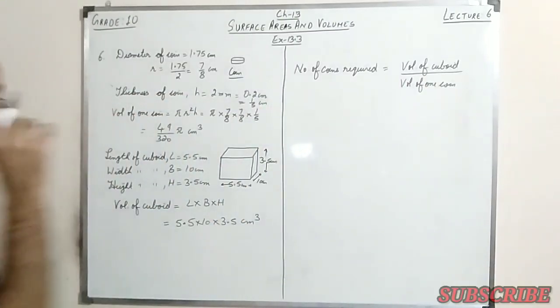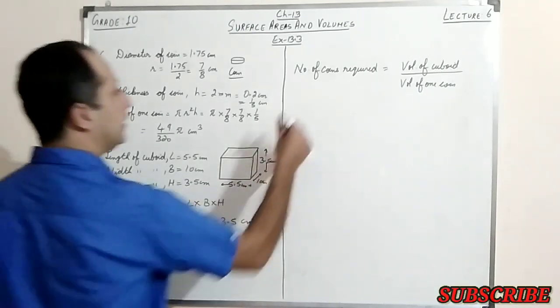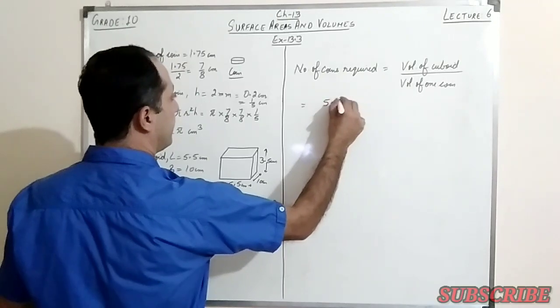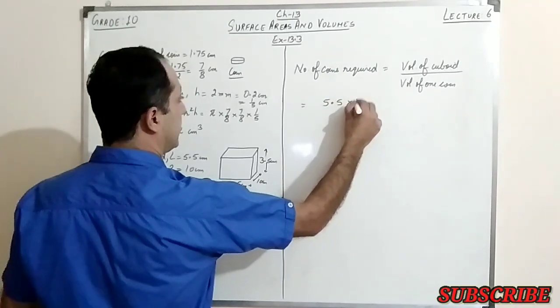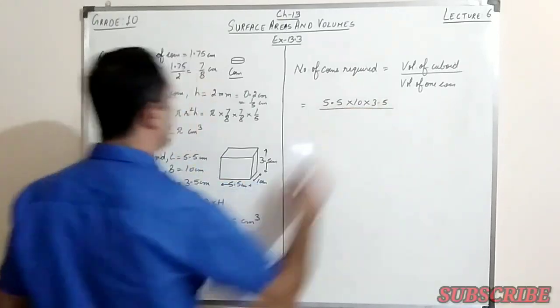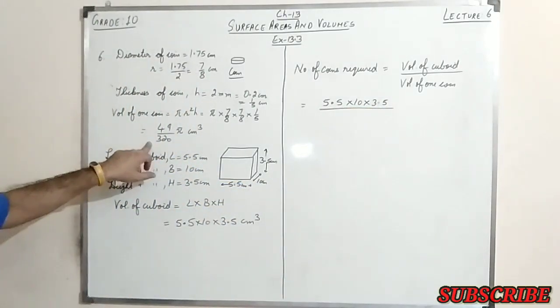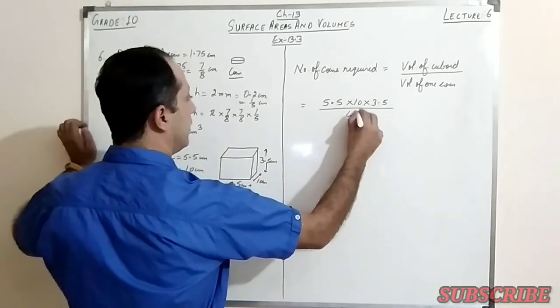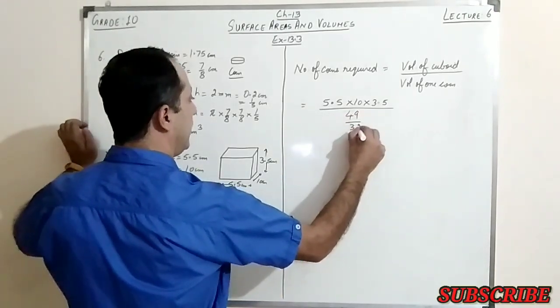Right? So a little bit, it could be complicated. So this is 5.5 multiplied by 10 multiplied by 3.5 upon, now this is 49 upon 320 pi.